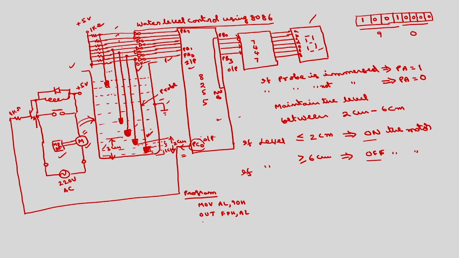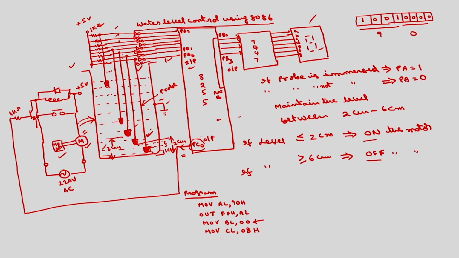So I will initialize MOV BL, 00, so that whenever a probe is inserted I am going to increment this value. Then MOV CL, 08 because total we have 8 probes. After each probe checking I will decrement the CL by 1.